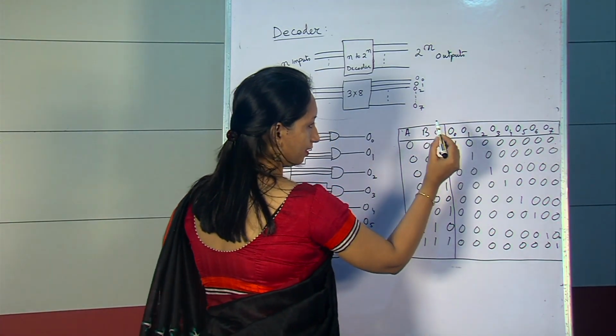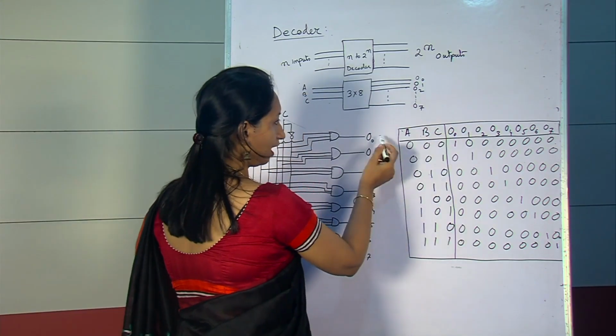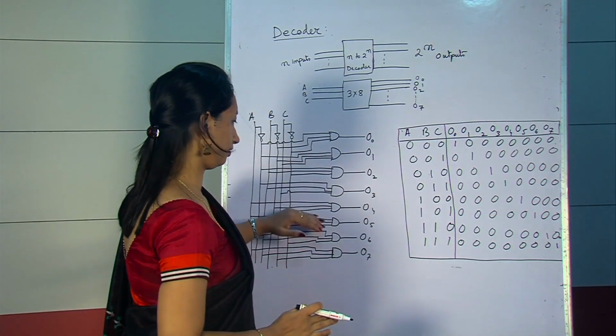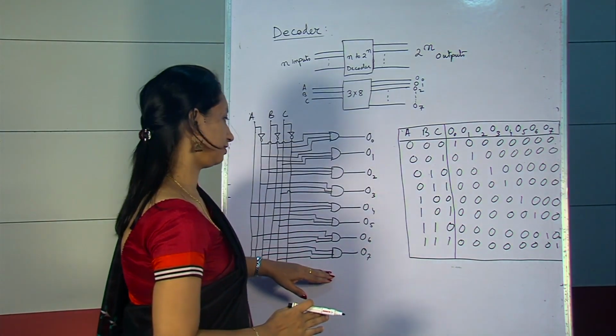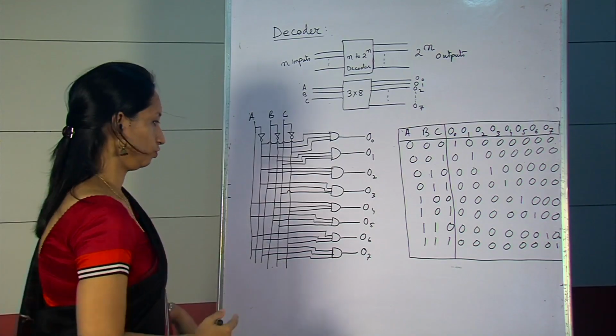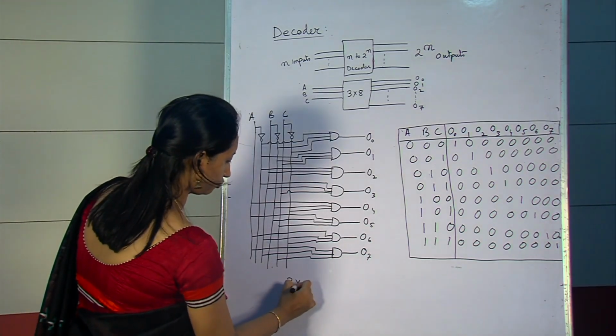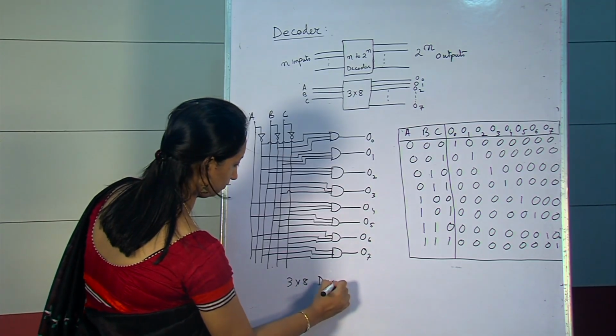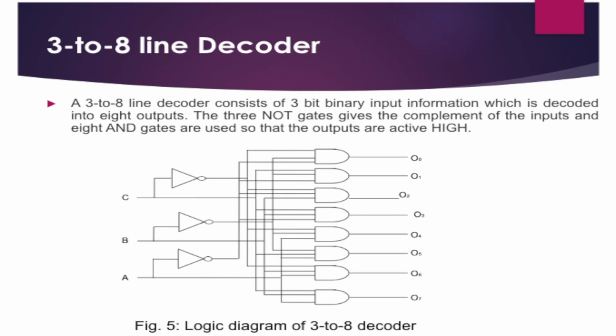That means only one AND gate output is high at a time, and the outputs of the other AND gates are 0. So this is the logic circuit of the 3 into 8 decoder. The function of a decoder is just opposite to the encoder.